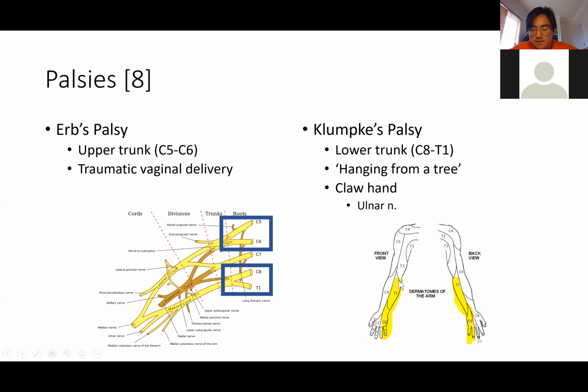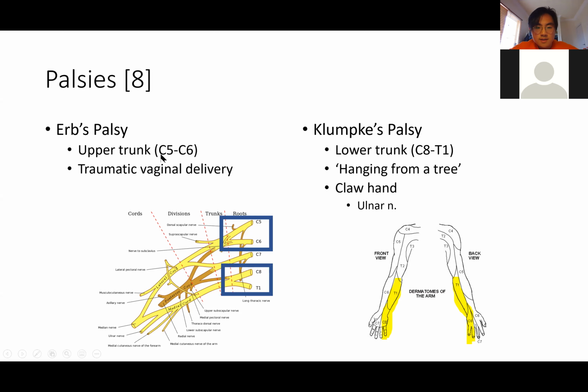So again, this is the second image that you need to memorize or remember. We know Klumpke's palsy affects the lower trunk, so C8-T1. If we can imagine that on our dermatomes, we know that this area is affected. What nerve runs in this area? Ulnar nerve. So lower trunk palsy will present with ulnar nerve symptoms, aka claw hand.